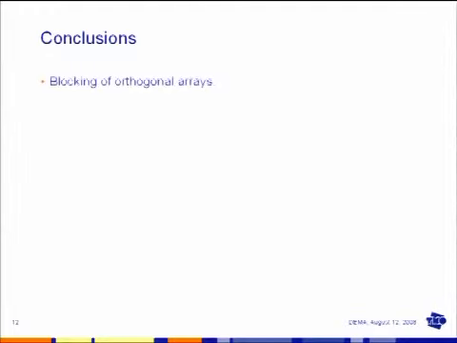Now we are in for the conclusions. Last slide. We have discussed the blocking of orthogonal arrays of strength 2. We have classified orthogonal arrays with the help of the generalized word length pattern.